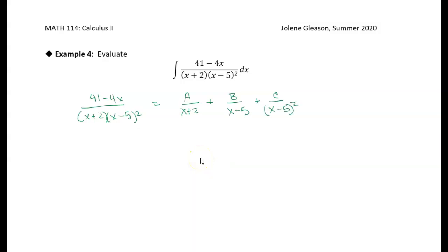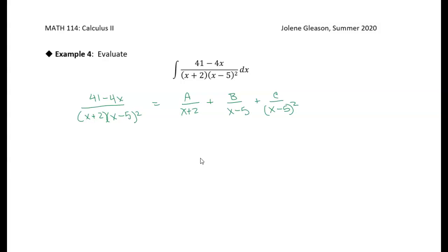Right, so we need both of those. We need both the x minus 5 and the x minus 5 squared, because we could have both of those, and they would still combine into this same denominator.